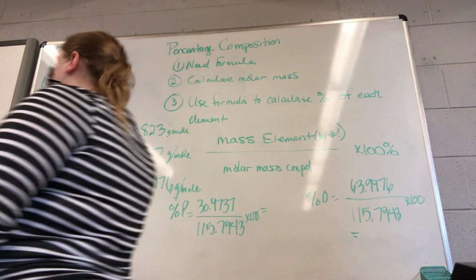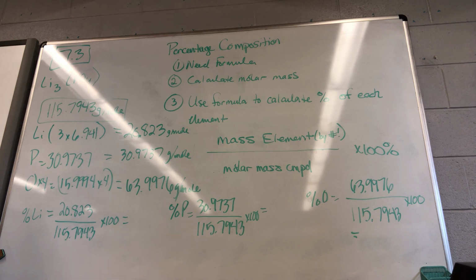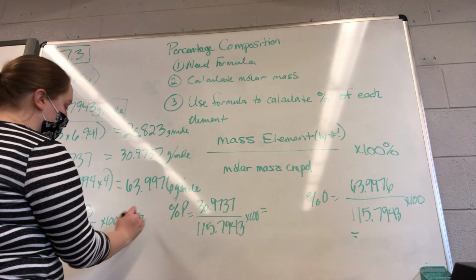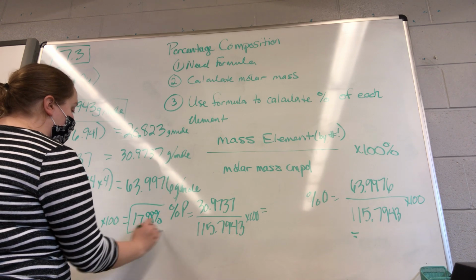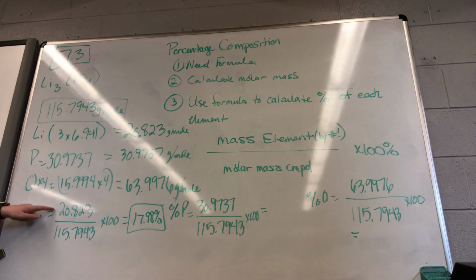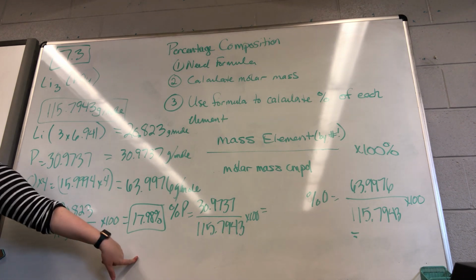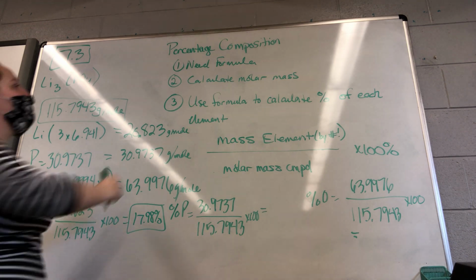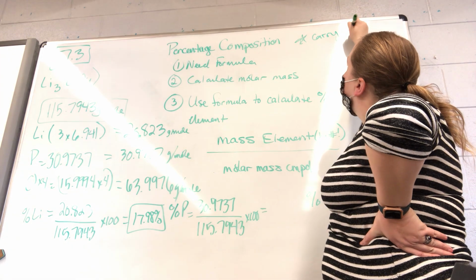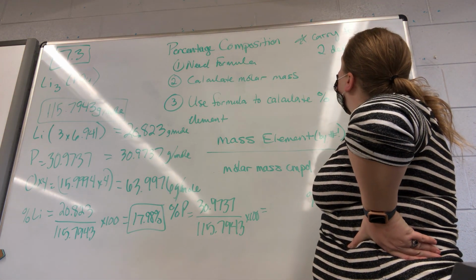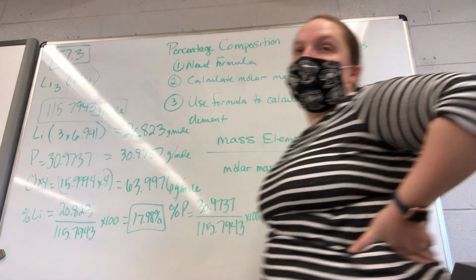Okay, who has a percentage for lithium? Go ahead. 17.98. 17 point what? 98. And remember, since we're using masses from the periodic table, there are no sig figs here. When in doubt on a percentage, carry to 2 decimals. Just always carry 2 decimals. It's the kind of thing I'm always reminding you of.